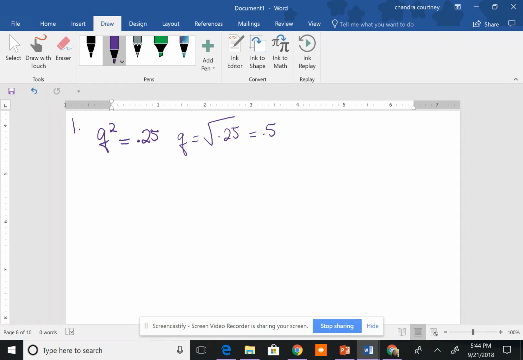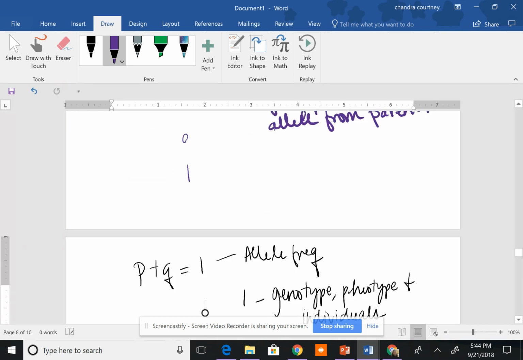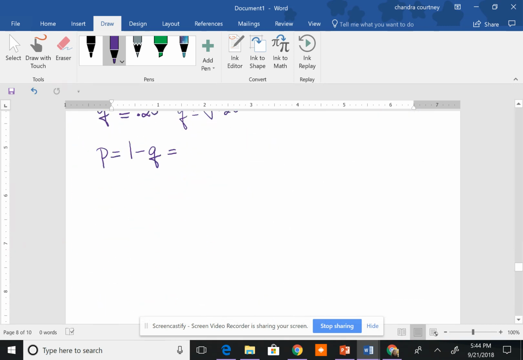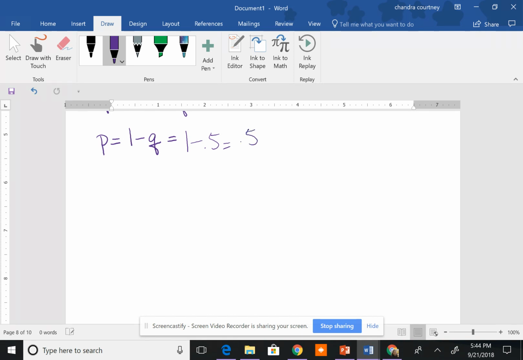So I have Q squared and I've now found Q. If I know Q, I can find P, because P is going to be equal to 1 minus Q. Okay, let's try this again. 1 minus 0.5 is also going to give us 0.5. So Q is 0.5 and P is 0.5.